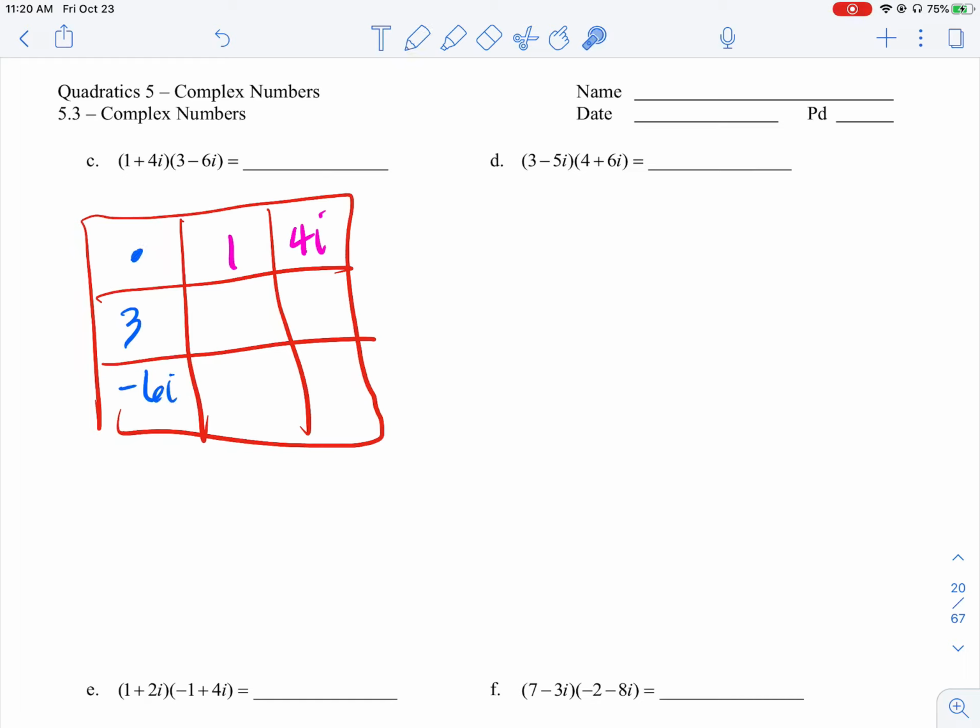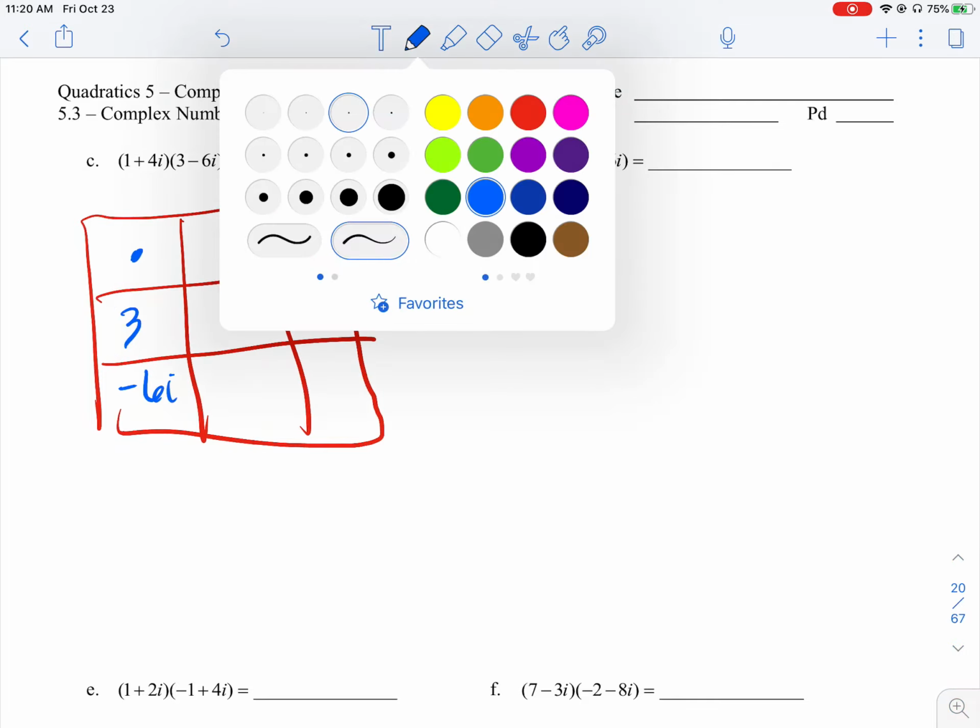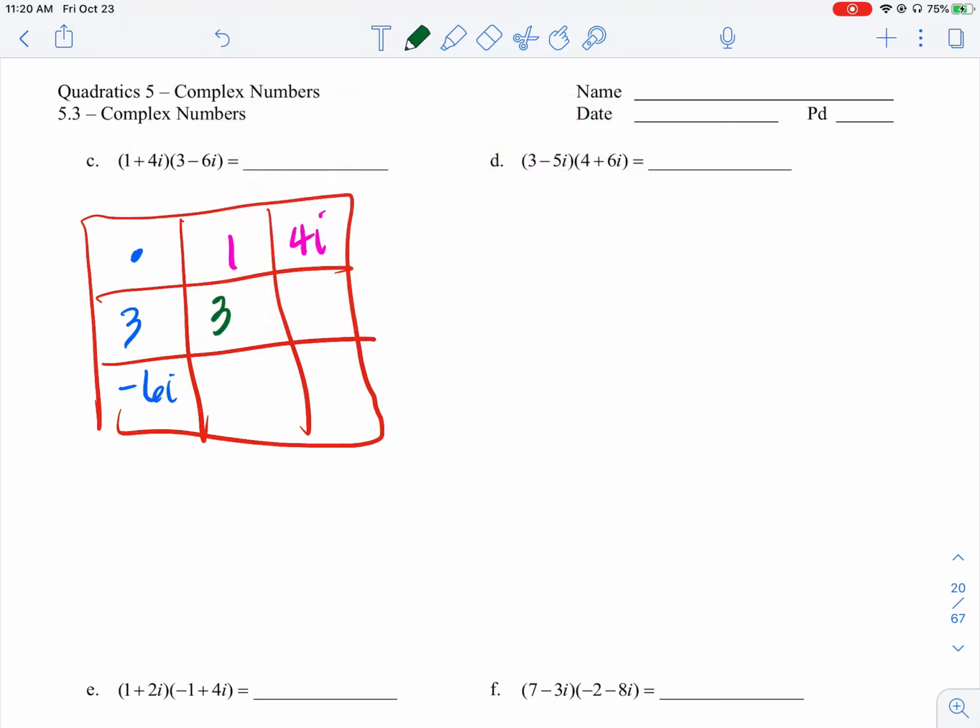And so just like the multiplication table when you were in elementary, 1 times 3. So the one that goes here is the product of these two numbers. So 1 times 3 will give you a 3. 4i times 3 will give you a 12i. 1 times negative 6i is negative 6i.